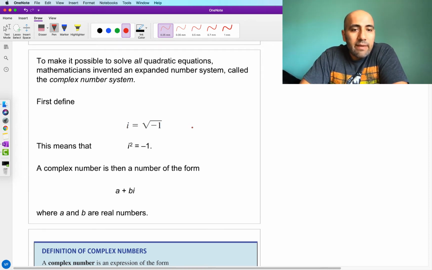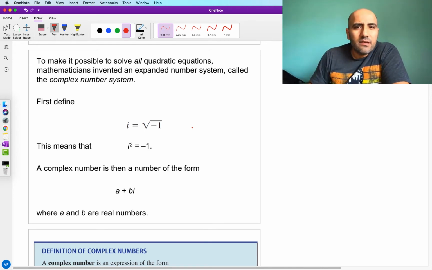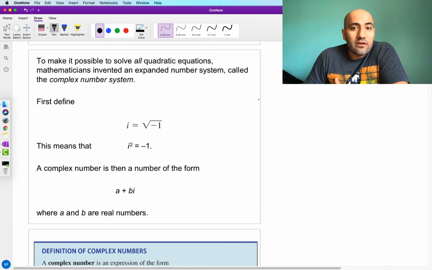Unfortunately, we called it imaginary, and I think the word imaginary has really made it difficult for people to understand this, because there's a certain resistance to learning a number or a system that's imaginary, because it seems like it has obviously no real connection to reality since it's imaginary. But I think that's not a fair assessment of it, since a lot of stuff in math is imaginary, right?